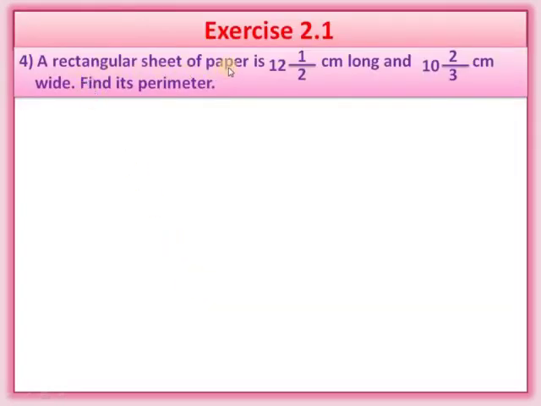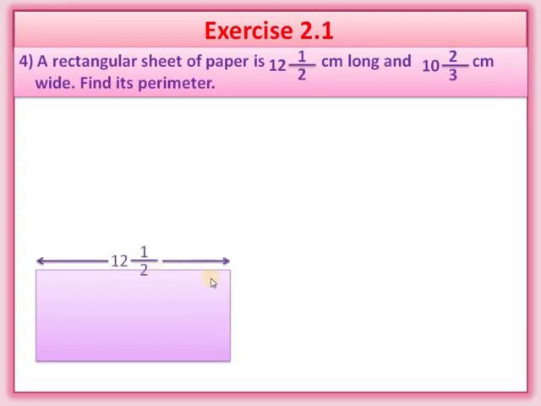A rectangular sheet of paper is 12 integer 1/2 cm long and 10 integer 2/3 cm wide. Find its perimeter. So you can see here, this is your rectangular sheet and the length is 12 integer 1/2, and the width is 10 integer 2/3.